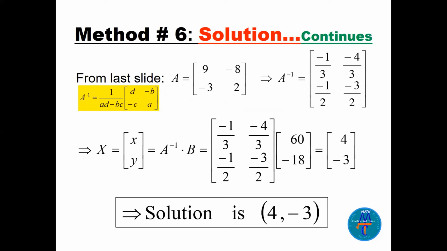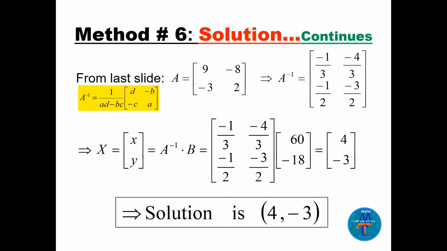If you need more help, you can find another video on multiplying matrices. So this is row 1 multiplied by column 1: minus 1 over 3 times 60.